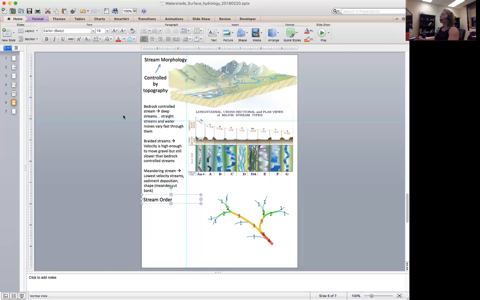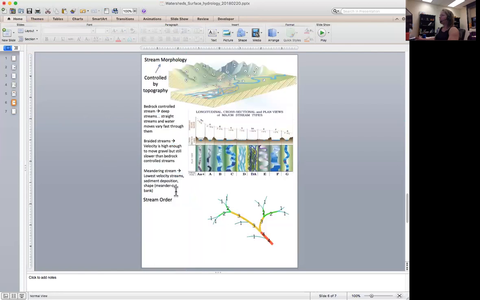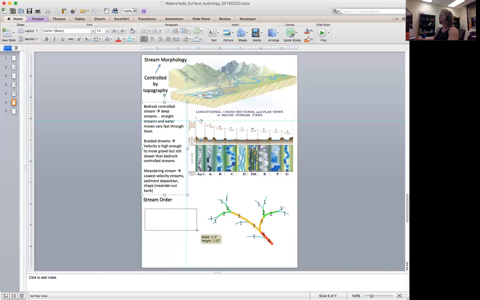So our last characterization when it comes to defining and talking about what a stream is is by giving the stream order of a system. So the stream order of a system is just a classification of the stream itself.